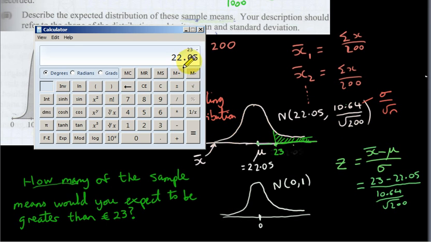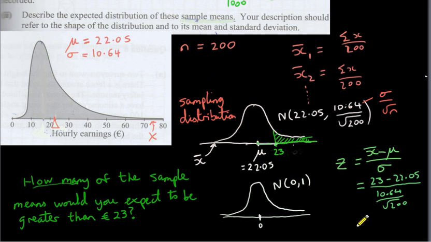So we have 23 minus 22.05, divided by bracket 10.64 divided by the square root of 200. We close the bracket on the denominator and we get 1.263. I'll round it to 3 decimal places, 1.263. So 23 corresponds to 1.263 for our standard normal distribution.